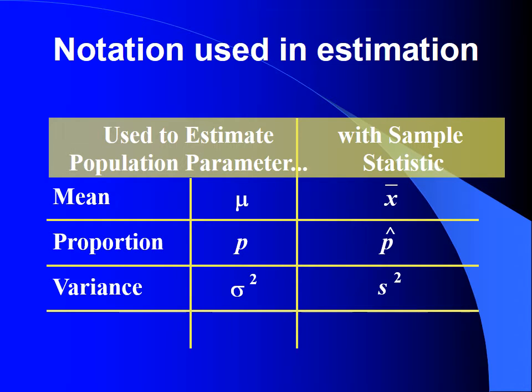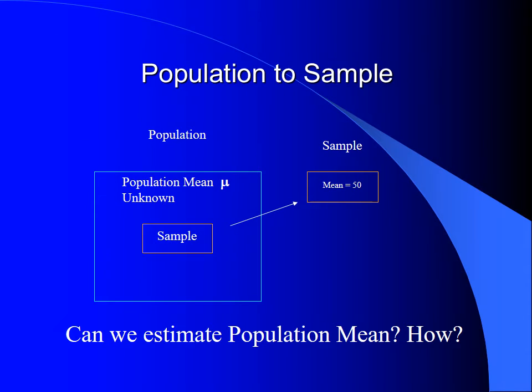Variance of the population is sigma square, and sample variance is s square. Sometimes we are interested in differences, mu1 minus mu2, population mean differences. In that case we study sample mean differences. These are all the notations which we use in estimation or test of hypothesis.